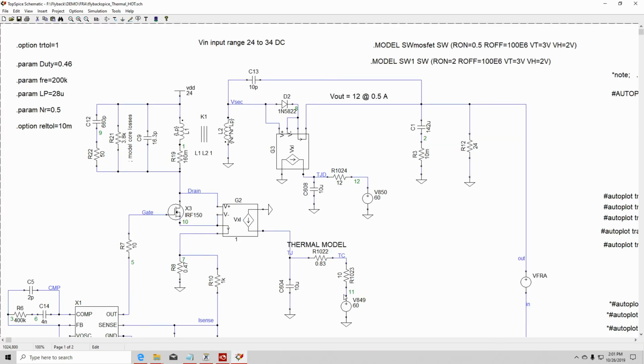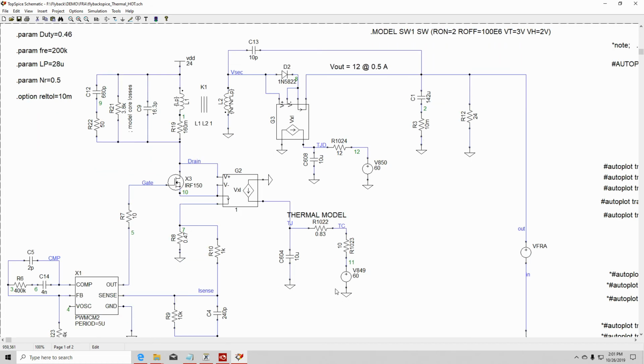And then in my case, on the particular boards that we do at work, we have measured a theta from the case to the board of approximately 10 degrees per watt.